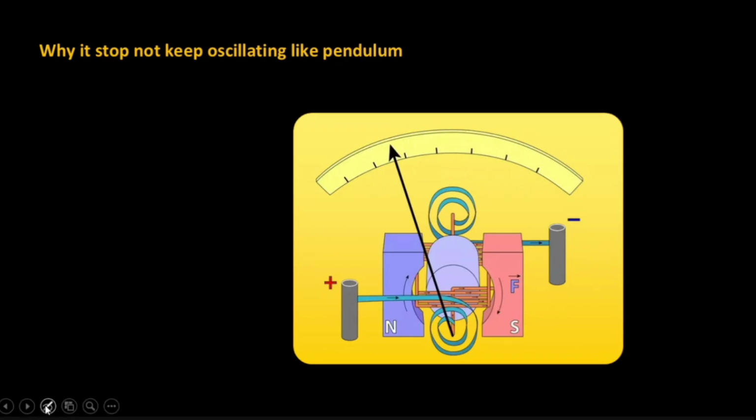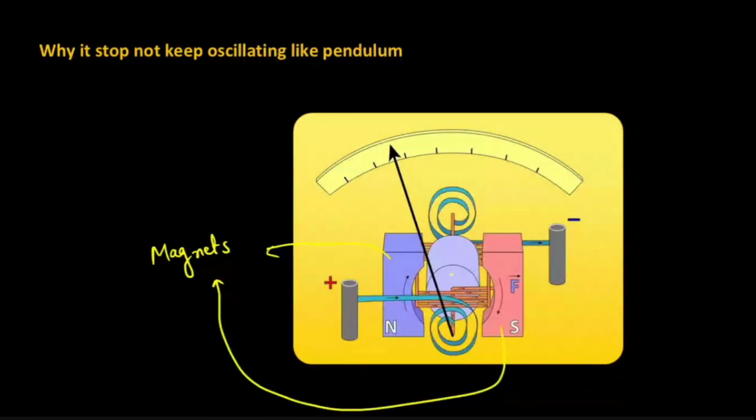There are two magnets there, to be precise. And also there is a coil. These positive and negative terminals represent that this must be connected to some sort of source.